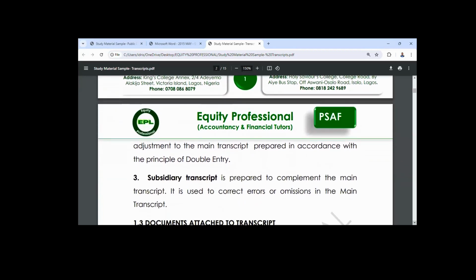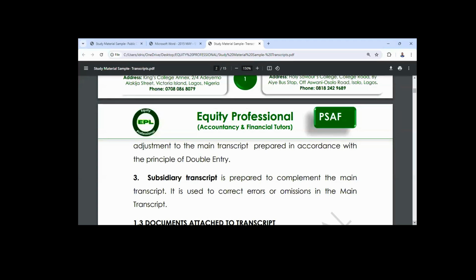Subsidiary transcript too is a complement to the main transcript. It is used to correct error of omission in the main transcript. When we have error of omission in the cash transcript, the only way we can correct it is by preparing subsidiary transcript.